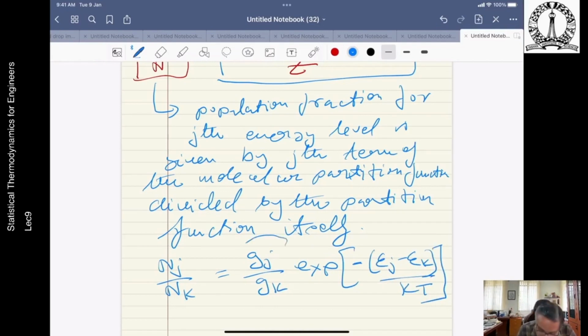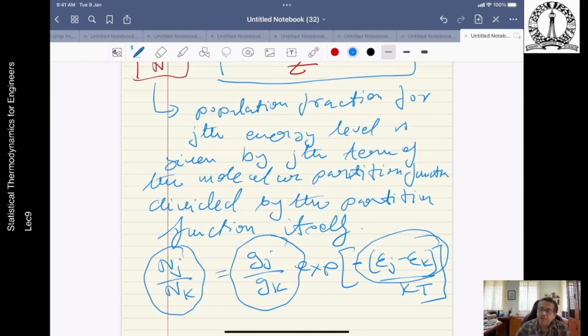So this is the relative degeneracy and this is the relative energy difference. This is the ratio of the number of particles in energy level j versus energy level k, which is equal to the ratio of the degeneracies at those two levels and the exponential of the energy difference between those two levels.